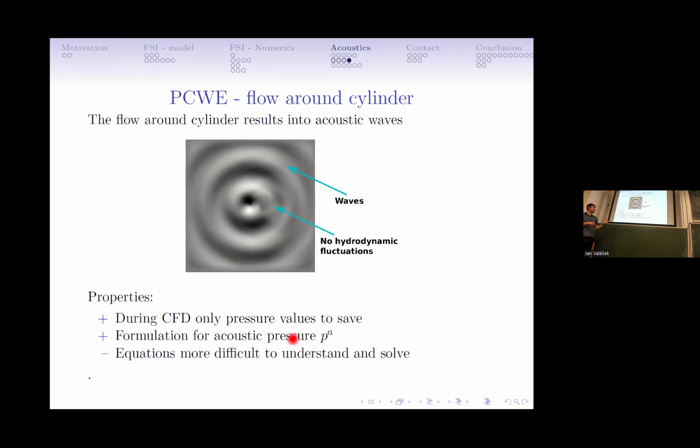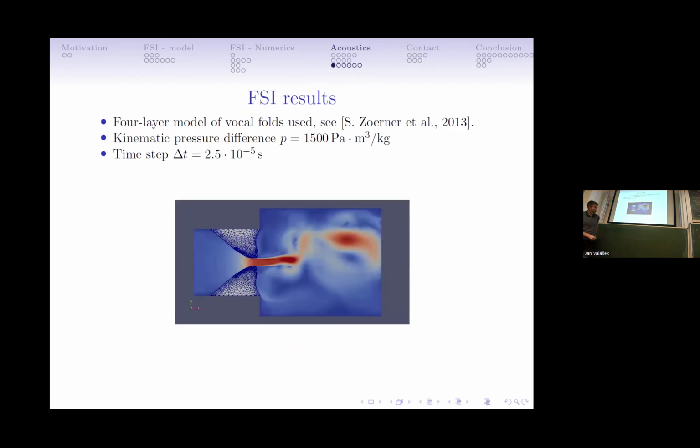But on the other hand, it has the benefit of solving directly for the acoustic pressure, and you need to save during the computation only scalar pressure values, and only the differentiation in time is made, which also has better numerical properties related to the space derivation.